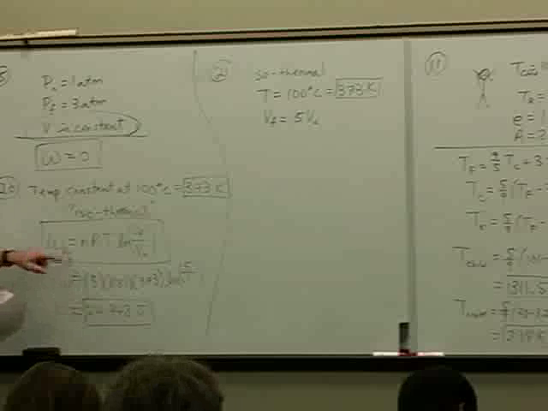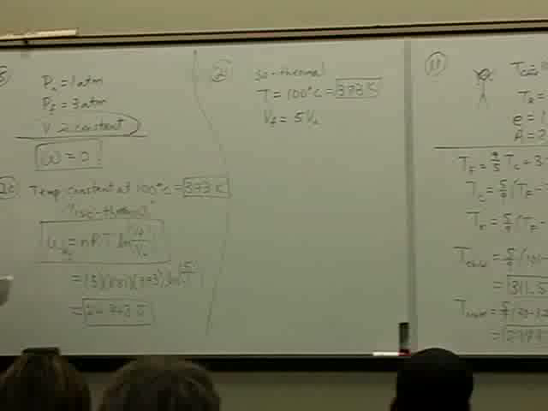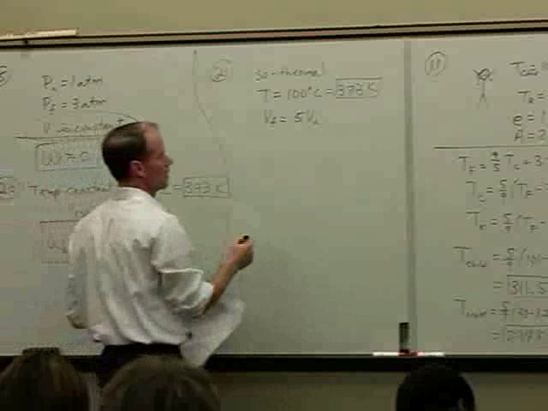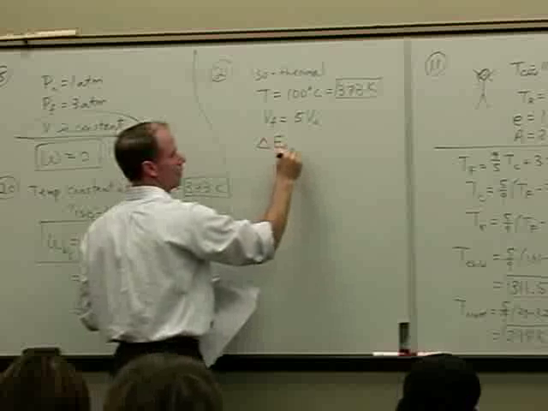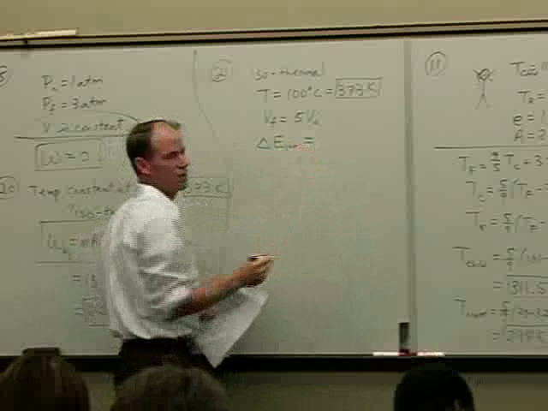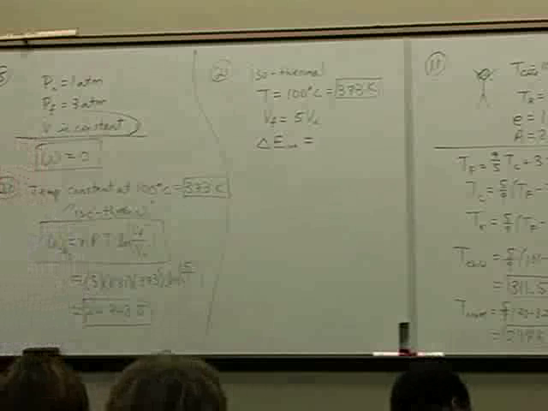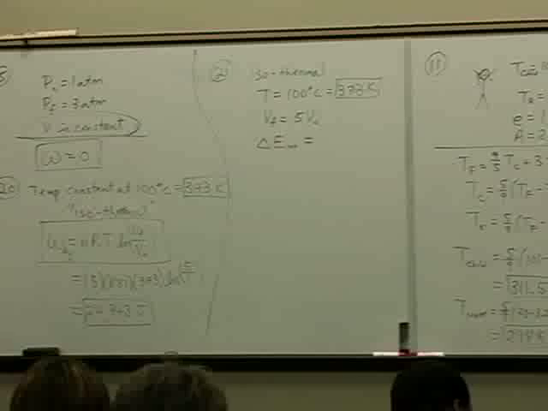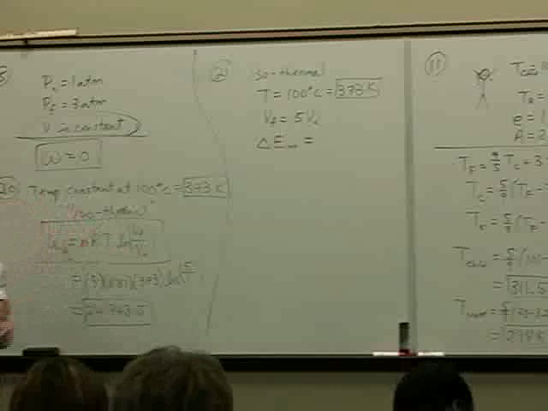And since it's isothermal, we might be looking at something like this. If it's isothermal, the change in internal energy is what? 0, because there's no temperature change. As we'll see in chapter 21 on Wednesday, there's a direct relationship between internal energy and temperature.